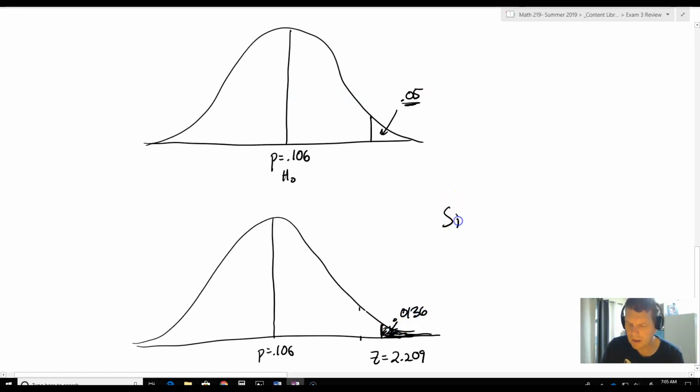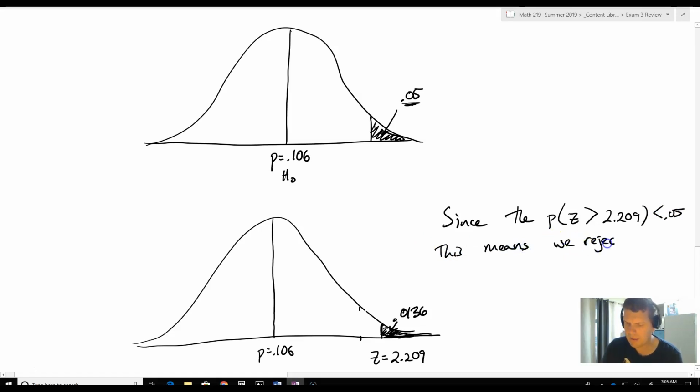Since the areas here of these two are the probabilities of getting particular values, since the probability P of getting a Z greater than 2.209 is less than 0.05, this means we reject the null hypothesis.